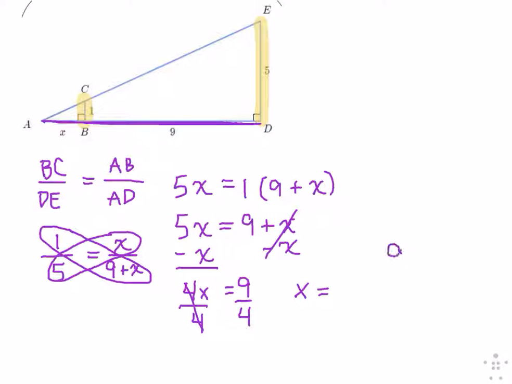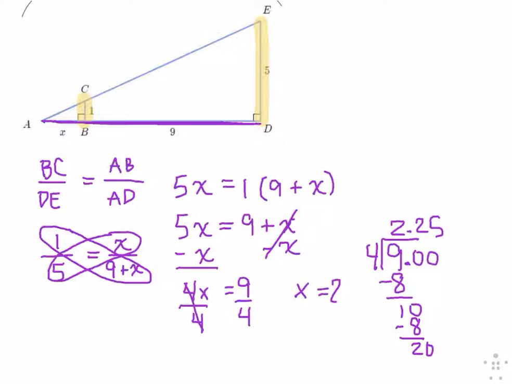And if you wanted to work it out, you're going to get 2.2, no, not 2.2, sorry, 2.25. So let me do another example where the variable that we're solving for is in a different location.